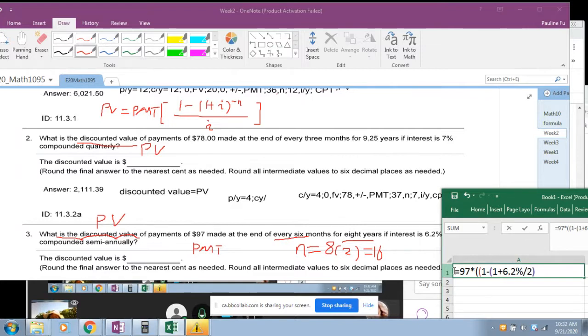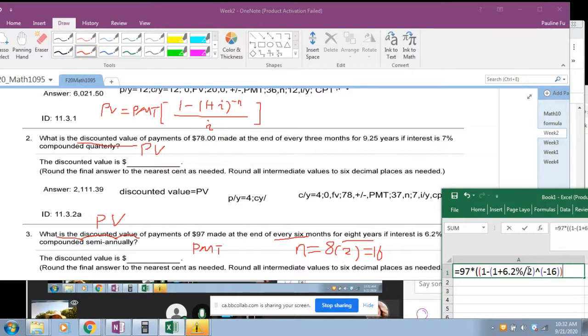Okay, closing bracket raised to power negative. Oops, mistake. Here, 1 plus I divided by 2 raised to power bracket negative n, negative 16, closing bracket, and closing bracket on the top.